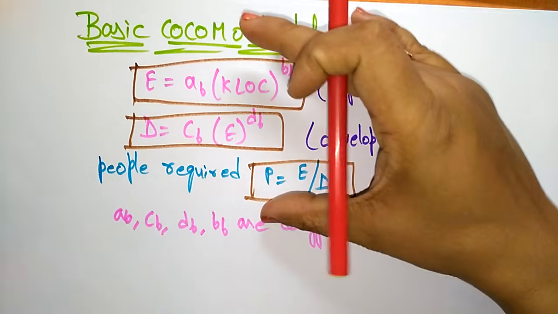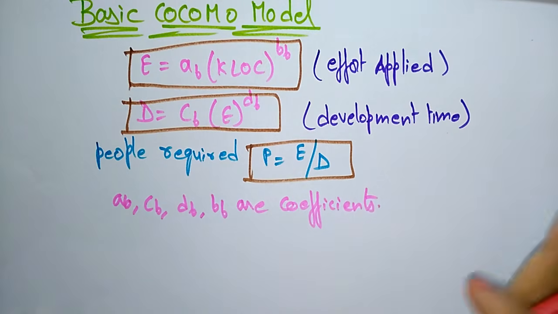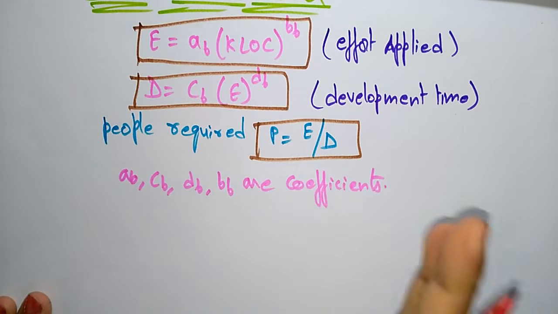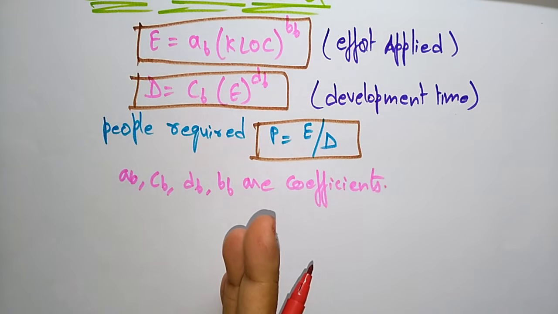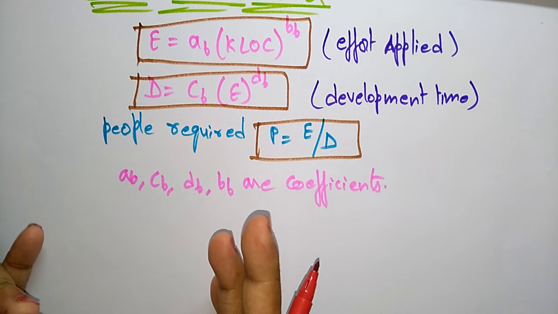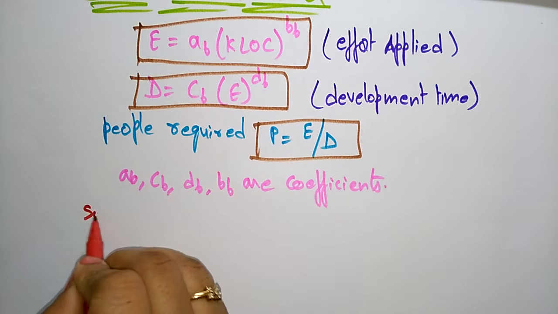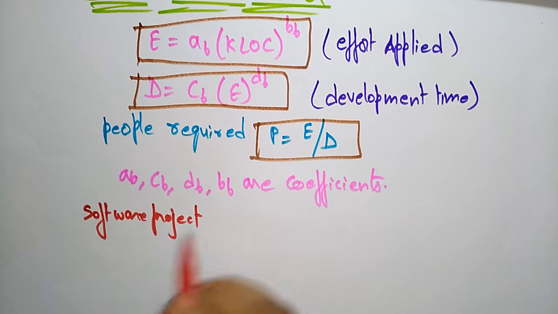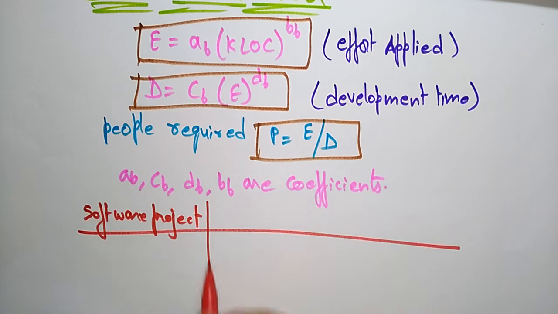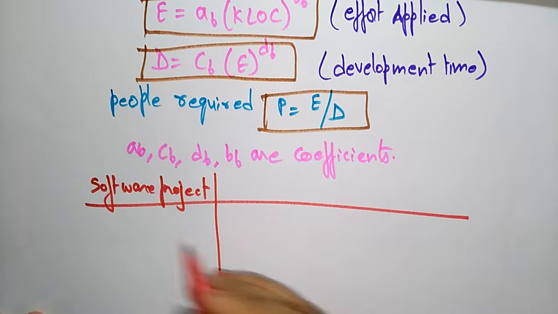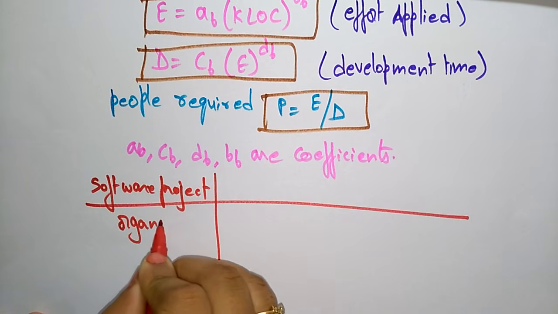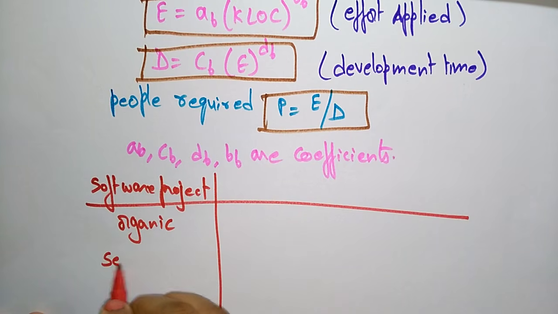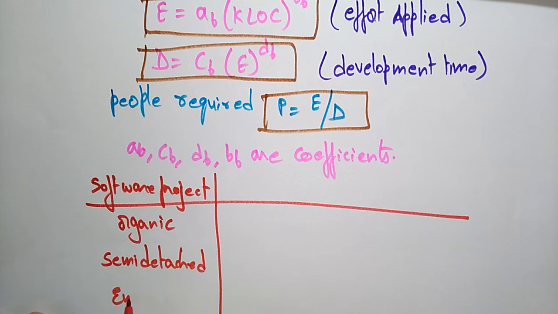In the basic COCOMO model, it can be applied in organic mode, semi-detached mode, or embedded mode. The software project can work in organic mode, semi-detached mode, or embedded mode.